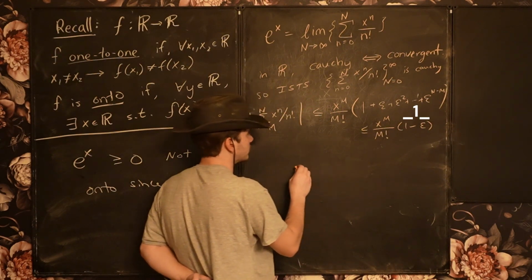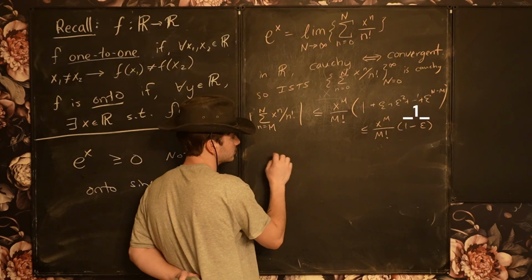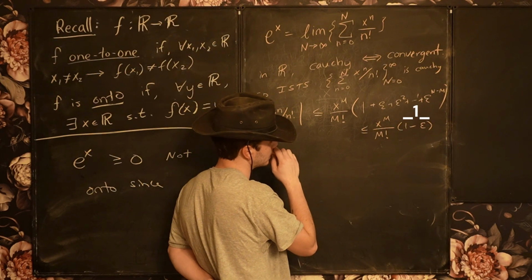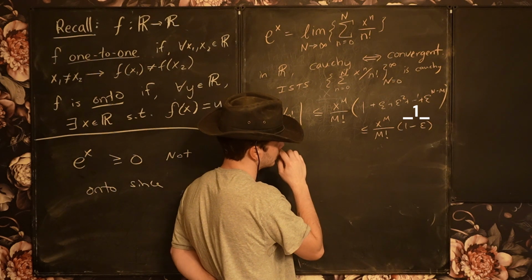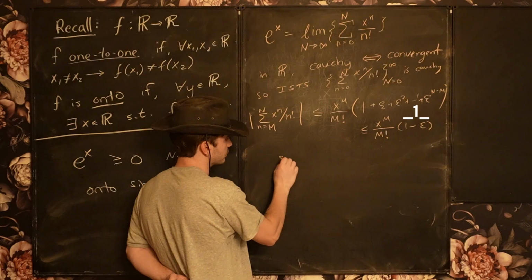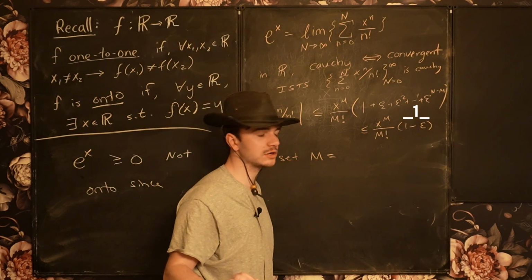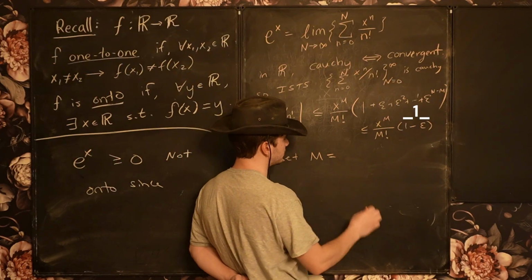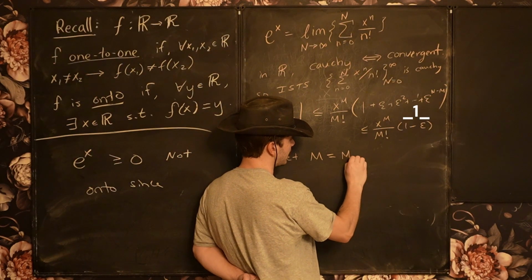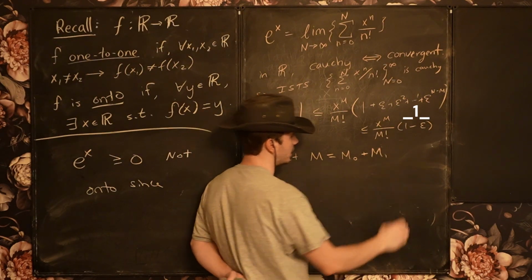Right. So now we're going to choose. Sorry, one second. So we're going to set m. We can choose m to be as large as we want. So we're going to set it to be some choice m naught, and then I'm going to add an m1, okay?